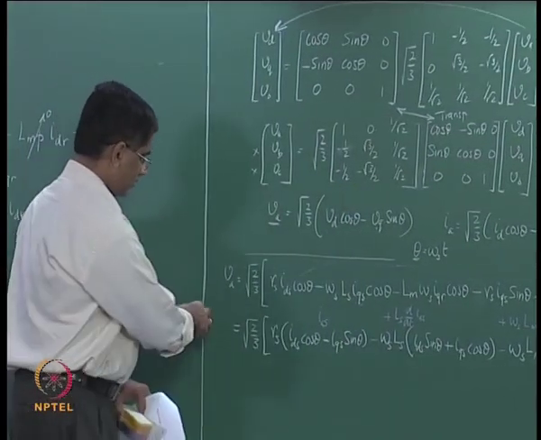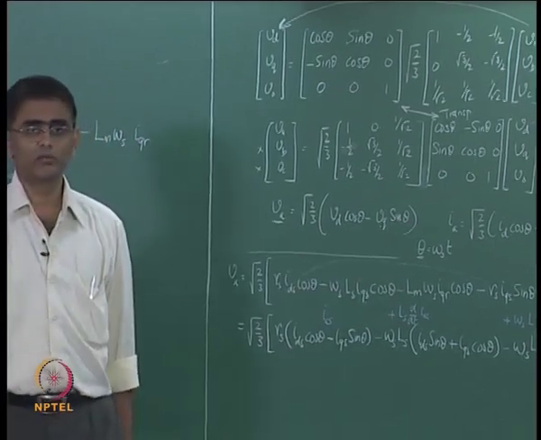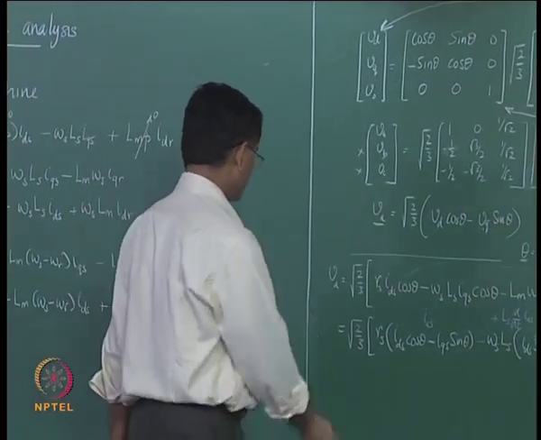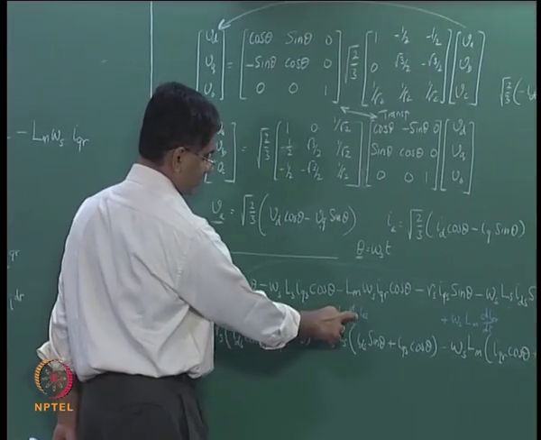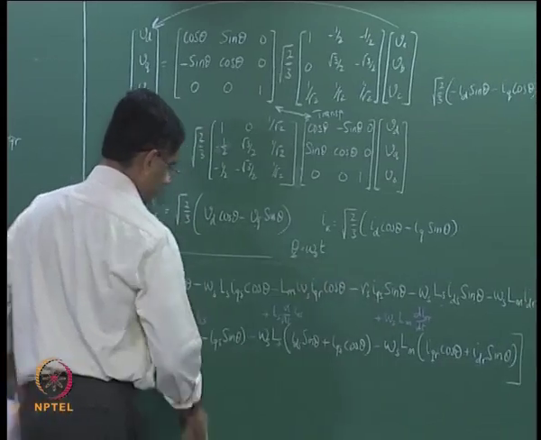So this whole long expression can be compressed into these three terms. VA is RS IAS plus LS into d by dt of IAS plus this.